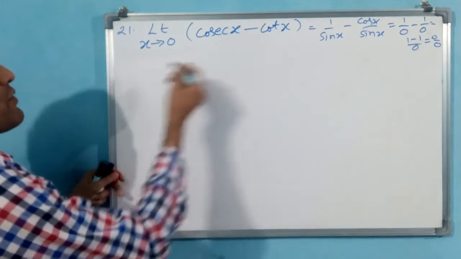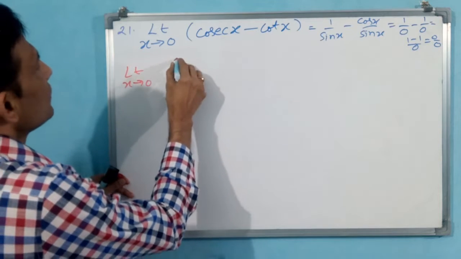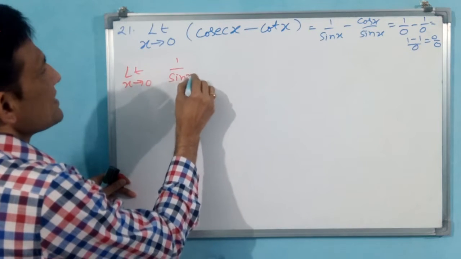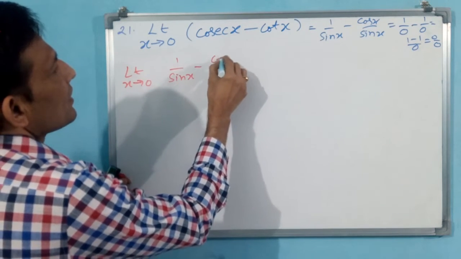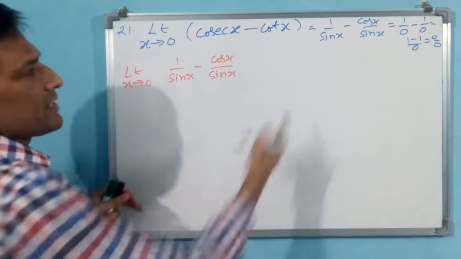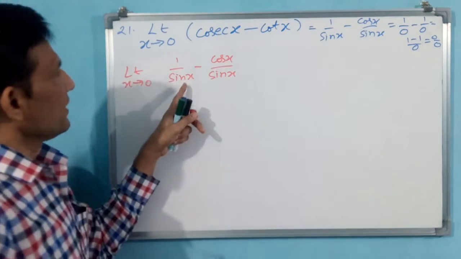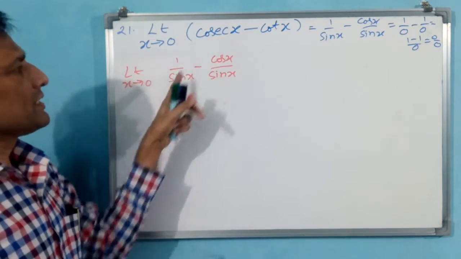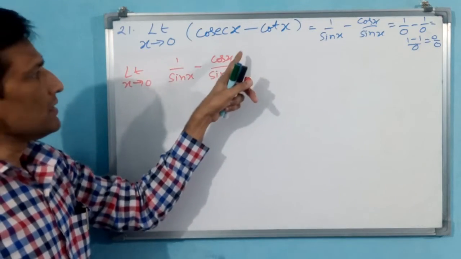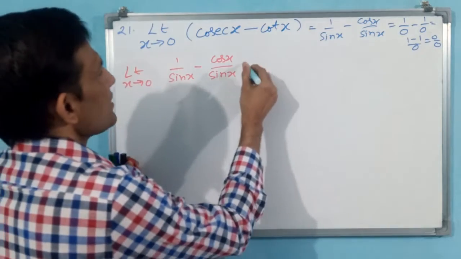See what I am doing now. Limit x tends to 0, 1 by sin x minus cos x by sin x. I have already written it, the same I have repeated. Here I have not written the limit. 1 by sin x, see, cosecant x is 1 by sin x, cot x is cos x by sin x. Now you can take sin x as the common denominator.